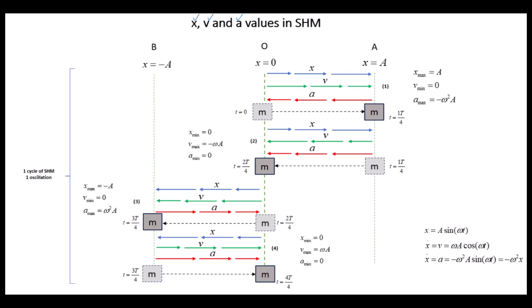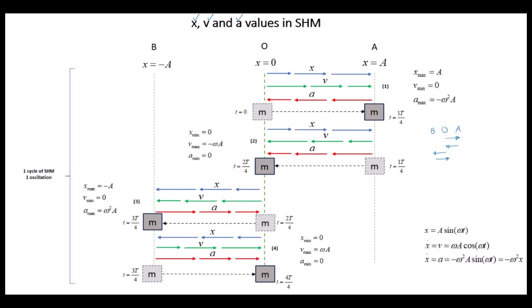Before we deep dive into this, let me explain that we are talking about one central point or the midpoint O, and then the two extreme points represented by A and B. For the ease of reference only, we are assuming that the object is starting from O. The first quarter is motion from O to A, the second quarter is back from A to O, the third quarter is O to B, and the fourth and final quarter is B to O.